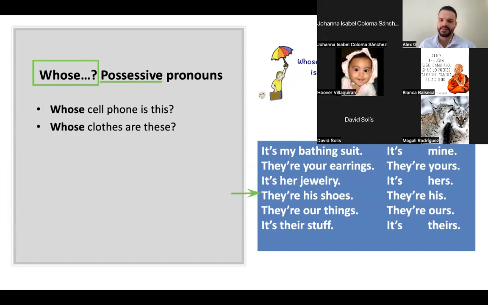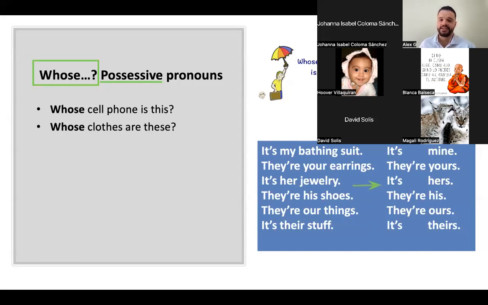What about this one? David? Their shoes, their stuff, it's theirs. It's ours. Excellent. Very good, David.